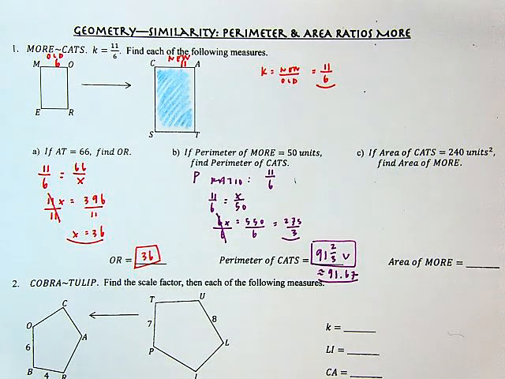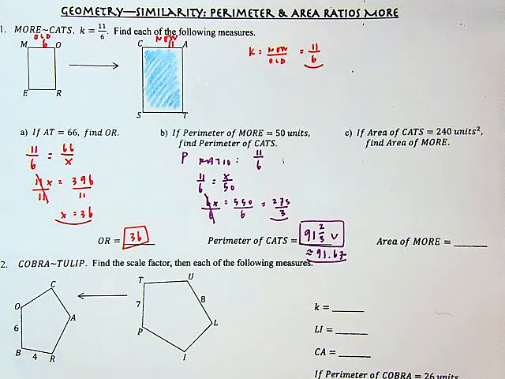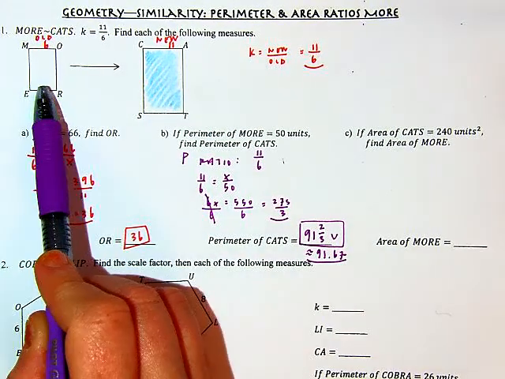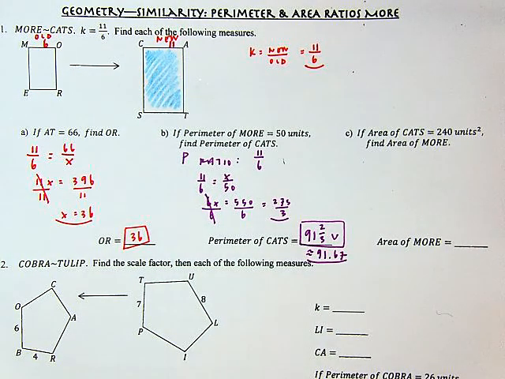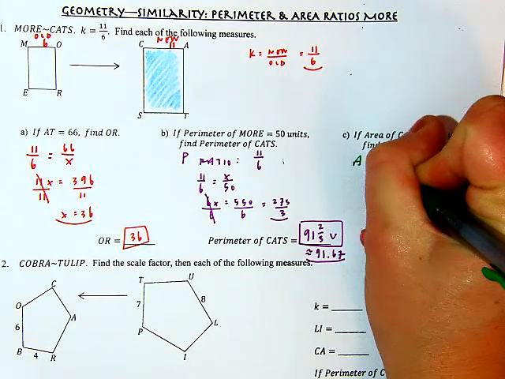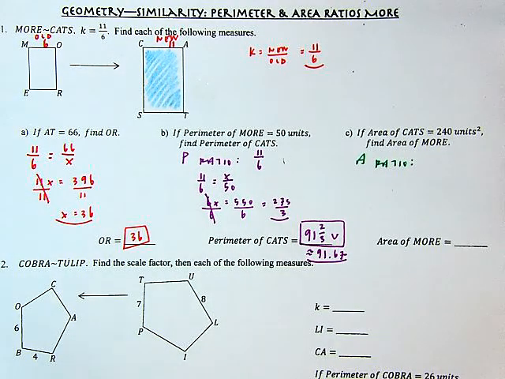All right. If the area now, if the area of cats, if this area here is 240, what is the area of more? Okay, so I need an area ratio. And my area ratio is always taking that scale factor and squaring it.